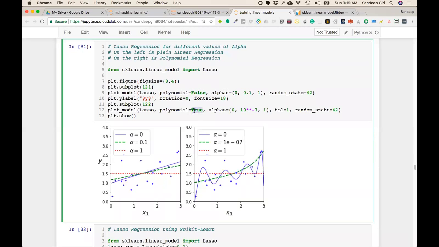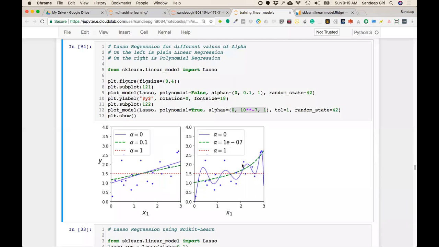So what we have done is the same data on both sides. This one is with the basic linear regression, and this one is with 10 degree polynomial features.